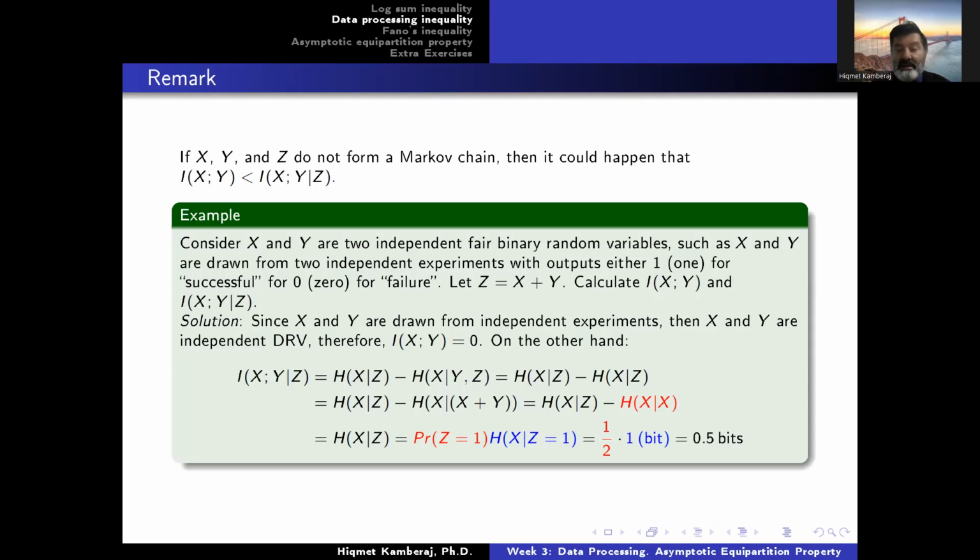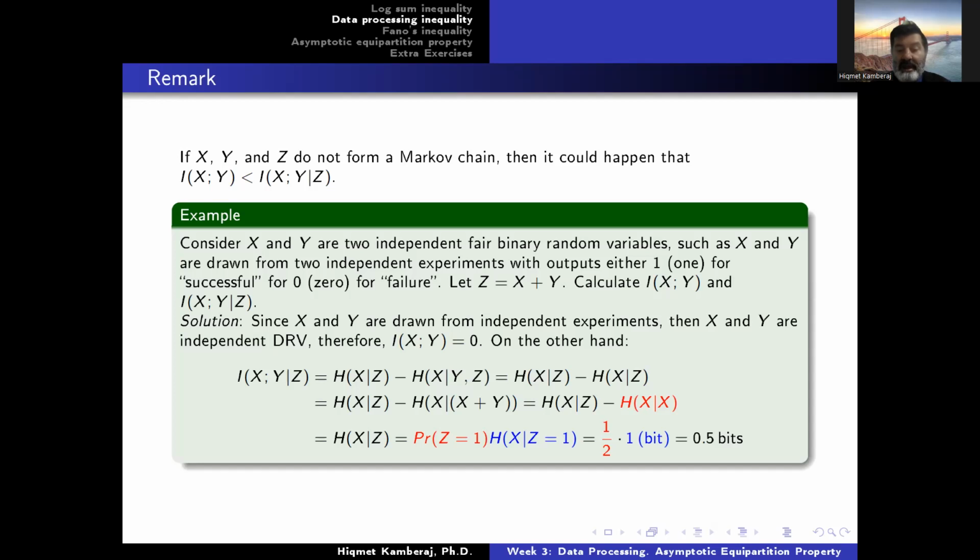The reason is because x does not depend on y, so we can remove it from the condition. Then we can arrive at the second line, then replace in the second conditional entropy z as x plus y. Then we have H of x given z minus H of x given x plus y. Since again x does not depend on y, we can write it as H of x given z minus H of x given x.